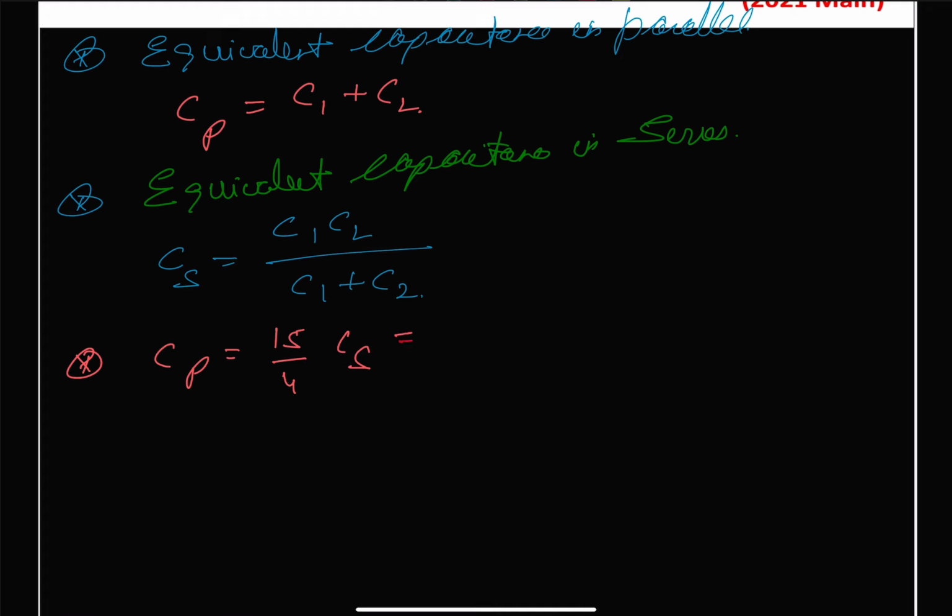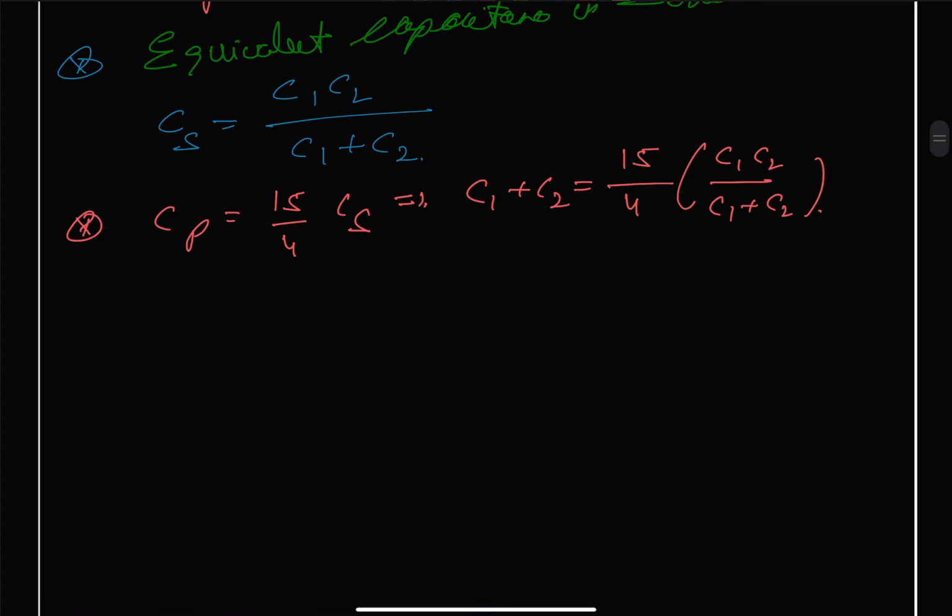So C1 plus C2 is equal to 15 by 4 times C1 C2 over C1 plus C2. We can just cross multiply. We get 4 times C1 plus C2 whole square is equal to 15 times C1 C2, and we can just open the bracket.